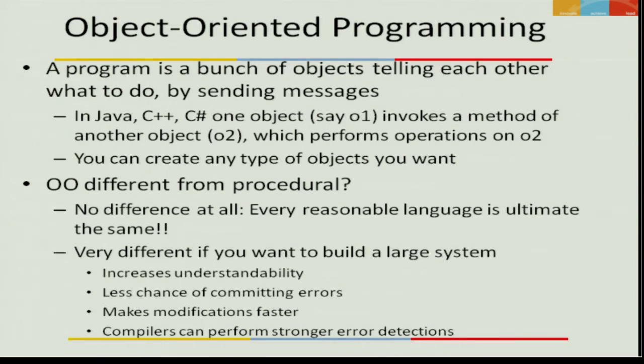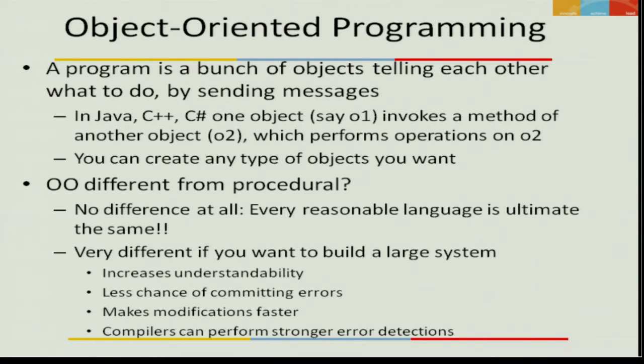because using OO programming you can build really large systems, which can help you improve the understandability of the program. We are talking about programs which are multi-million lines of code, with at least several thousand classes. In such a complex scenario, object-oriented programming actually helps in understandability.